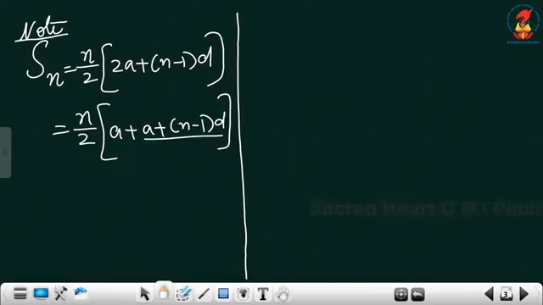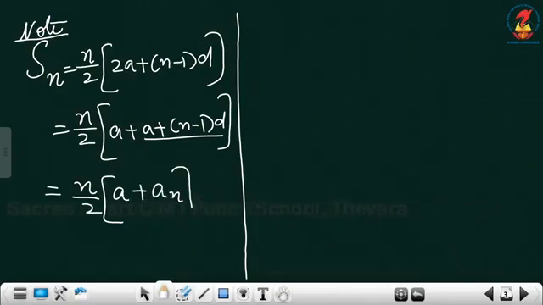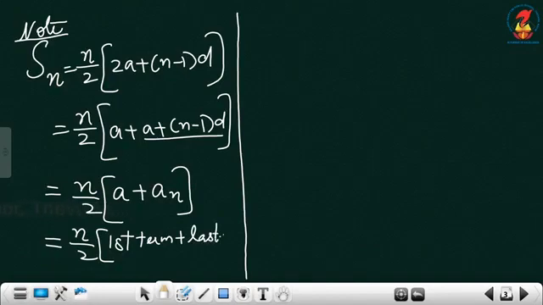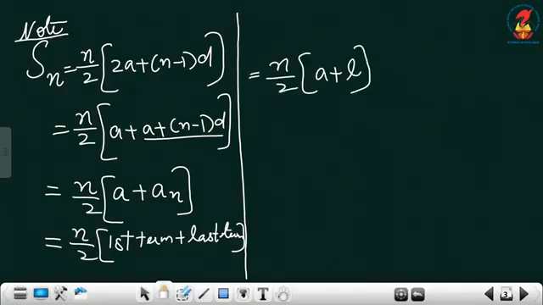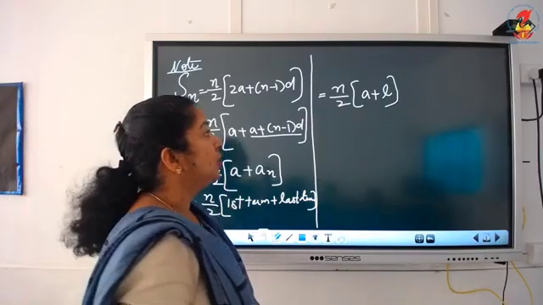So, a plus n minus 1 into d is an itself, that is the nth term. n by 2 into a plus an, which you can write as n by 2 into first term plus last term, which you can write as n by 2 into a plus l. This is another formula to find the sum of first n terms of an AP.